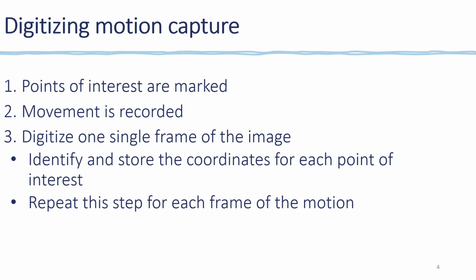So that's step two. And then the last step, which is the most tedious one, is to actually digitize one frame at a time each of the markers on the body or each of the points of interest. And if you're filming with a video camera, then you would repeat this third step for each frame of the motion.